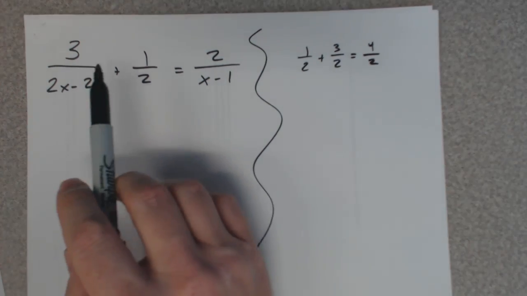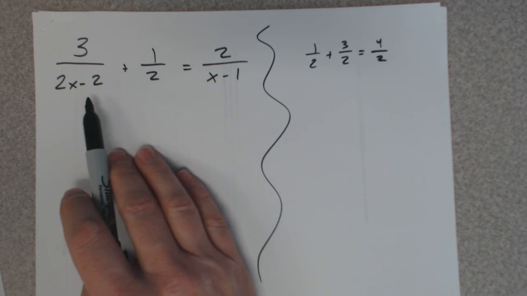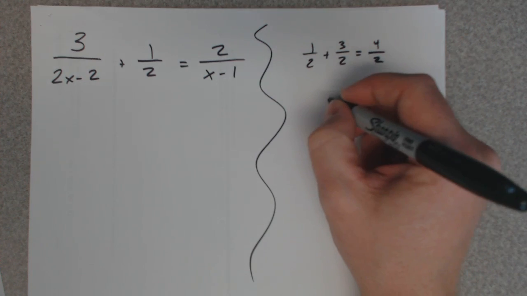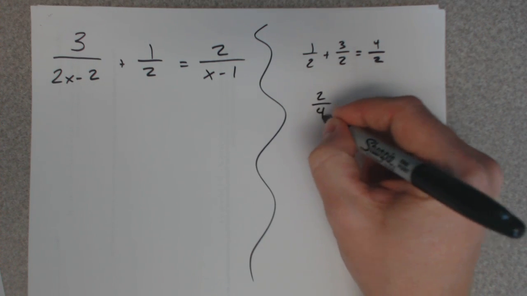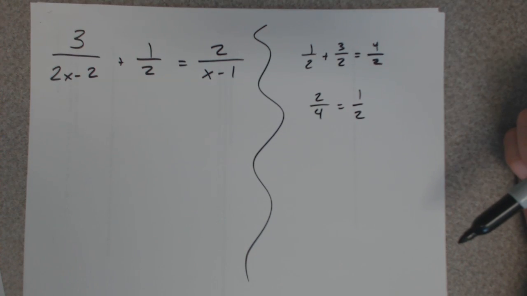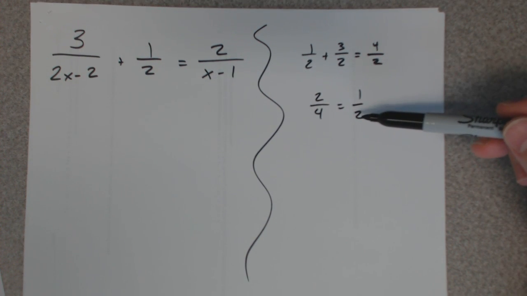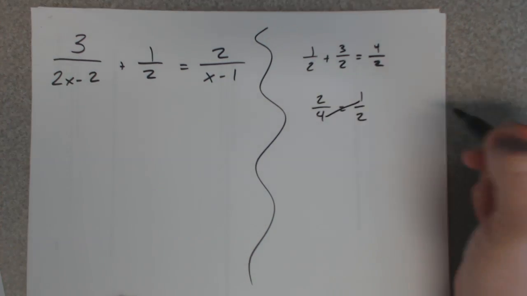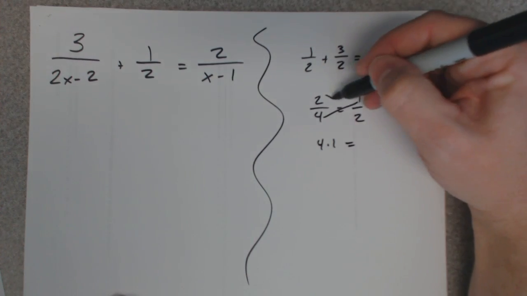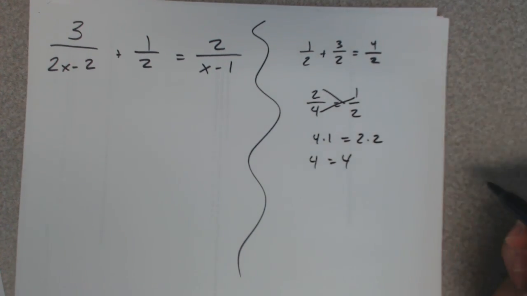Well, over here, I can't add these two together because I don't have the same denominator. And the other thing that's good about these rationals, remember when we talk about cross products, 2/4 is the same thing as 1/2. And if you multiply crossways, 4 times 1 equals 2 times 2. 4 equals 4.